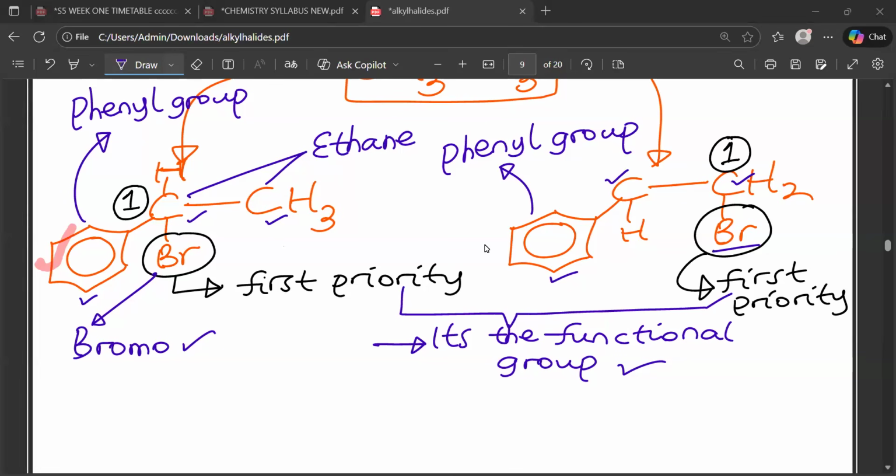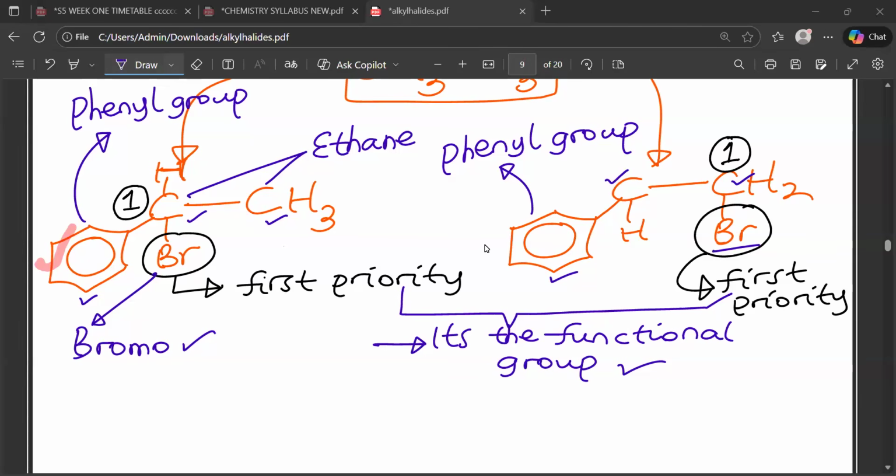Since you have said that bromo is taking the first priority because it's a functional group, and since it's on the first carbon atom of the ethane, I can say 1-bromo-1-phenylethane. That's the first one.